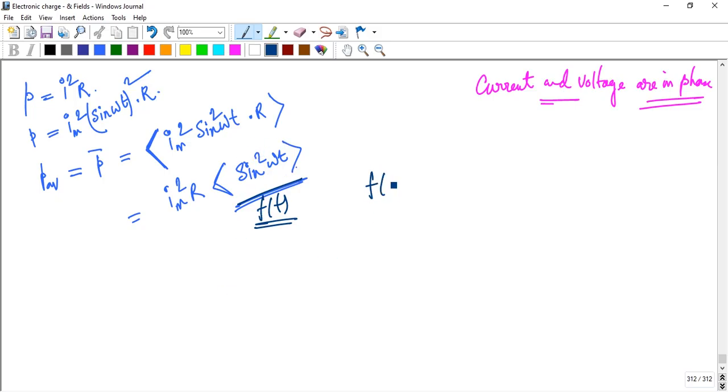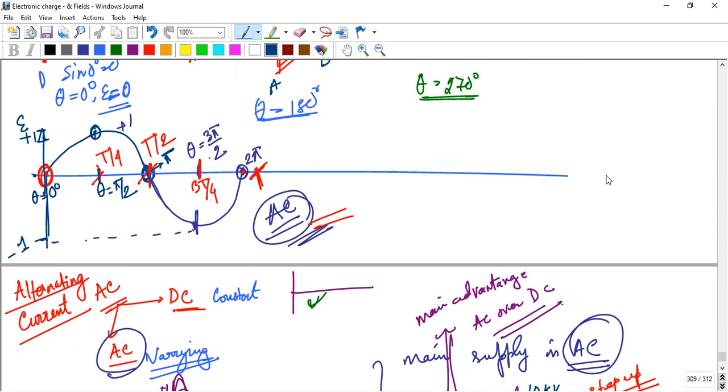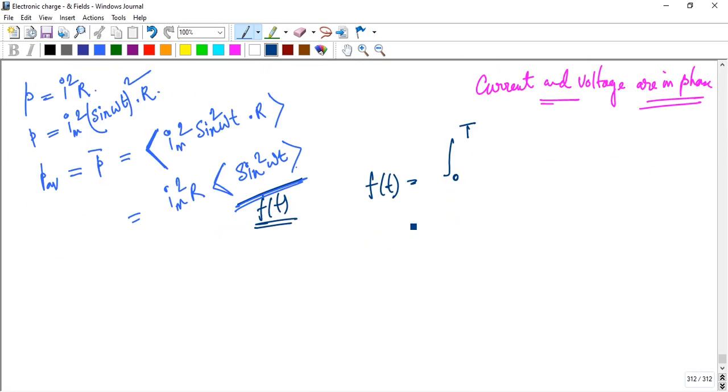The function of t is equal to the integral from 0 to T, a full cycle, because t's value is time 0 to T, as we discussed in the previous class, of sine square omega t dt divided by the total, that's the average.